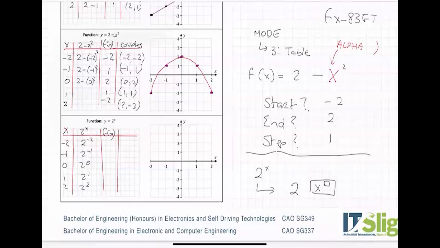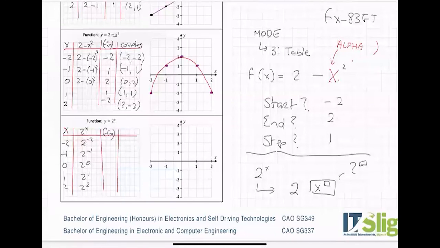So 2, that X button with the box in it, and you should get a flashing box. Then you put your red X into that one, your red X being with the alpha bracket like I showed you earlier. That's how you get 2 to the x into the brackets.